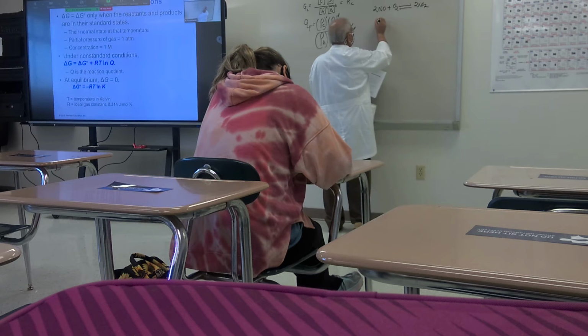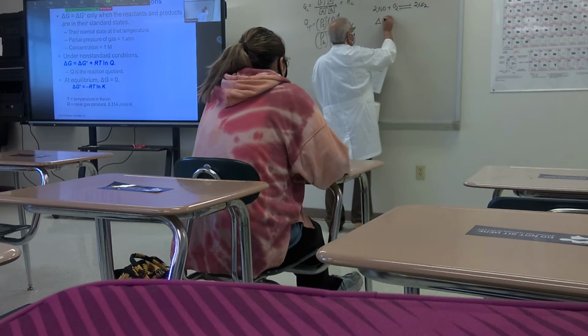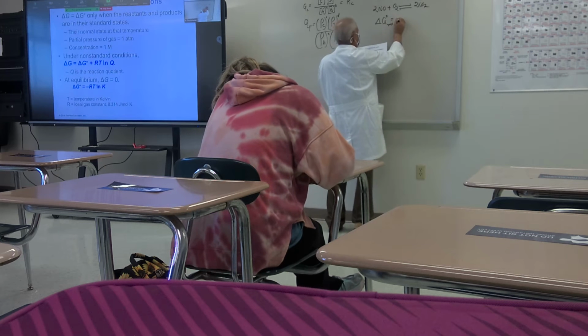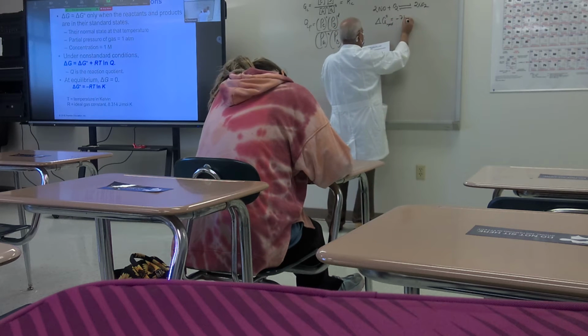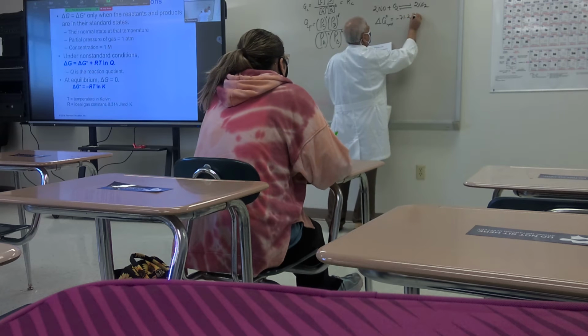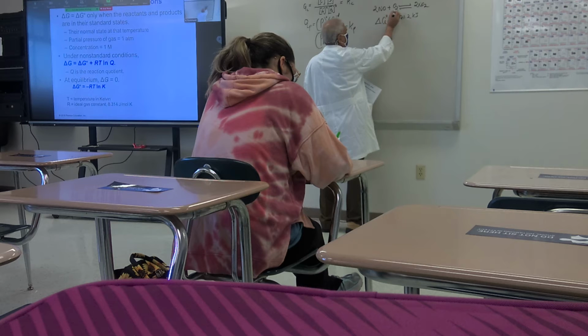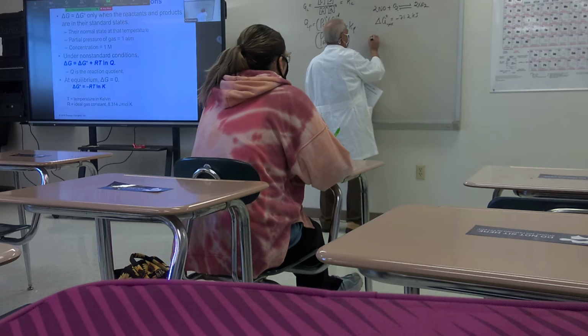They have given the delta G0 of this reaction, which is negative 71.2 kilojoules per mole. And they have said to apply the law of mass action before reaching equilibrium, which I am going to call Qp.